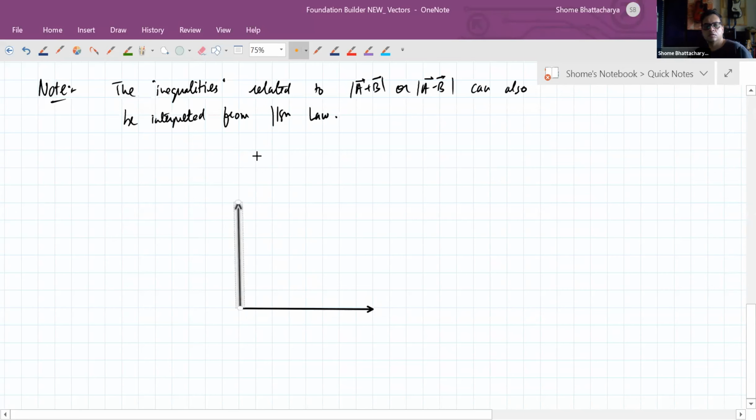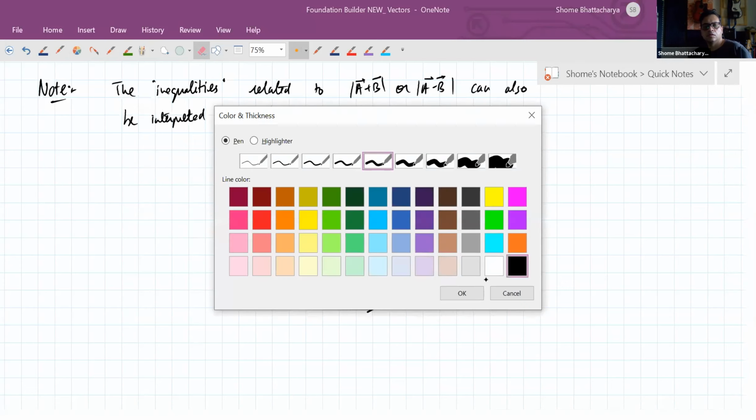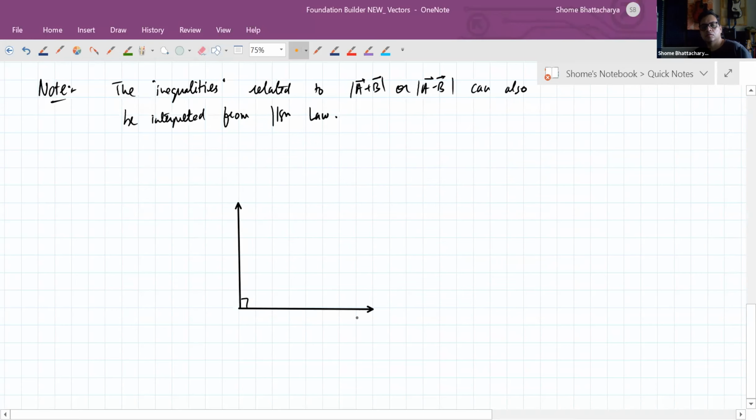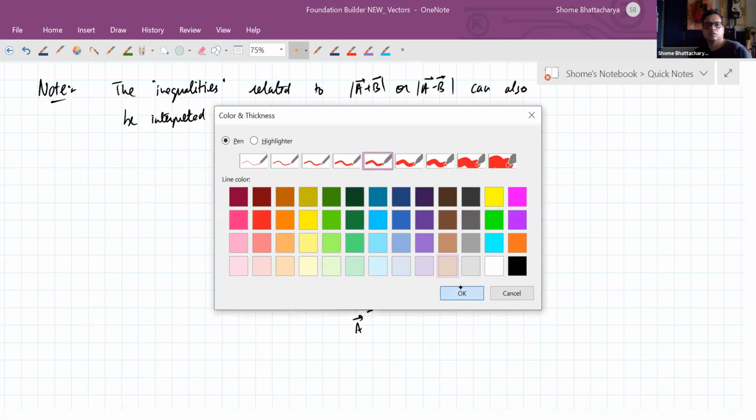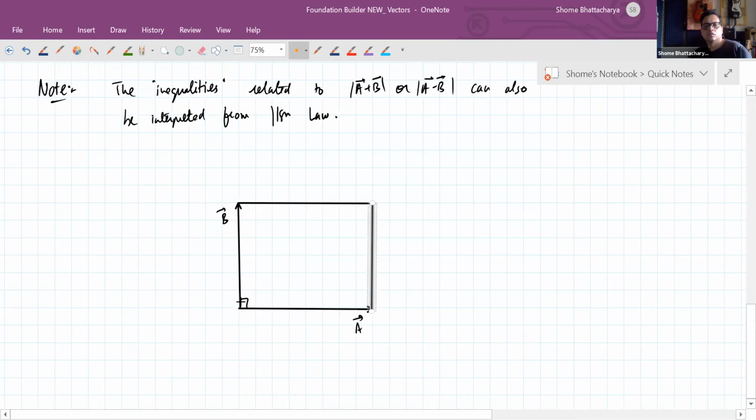So in this case, just geometrically, when we are observing how the parallelogram law looks, or the particular parallelogram figure looks, it's a rectangle. So this is how that looks.